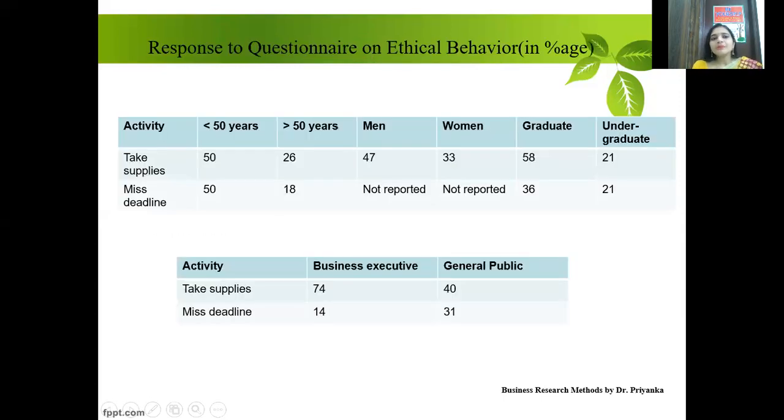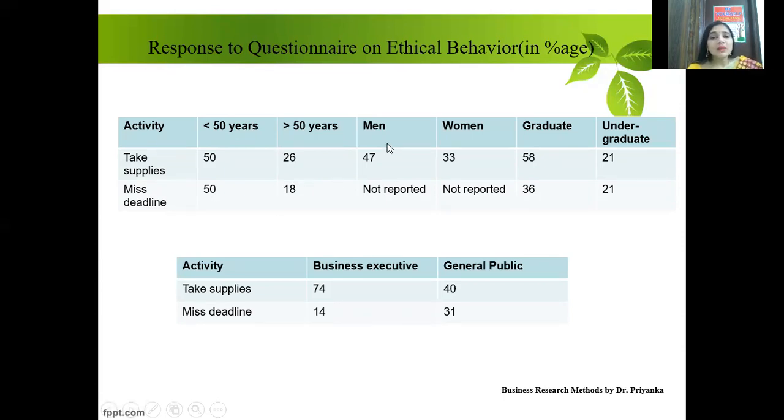Let's see how. For example, response to a questionnaire on ethical behavior. Activity is like take supplies or miss deadline. People who are less than 50 years of age replied this way. People who are more than 50 years of age, 26 of them take supplies and 18 miss deadlines.